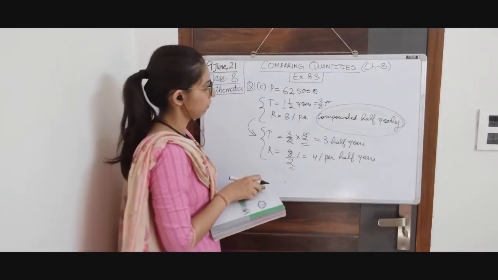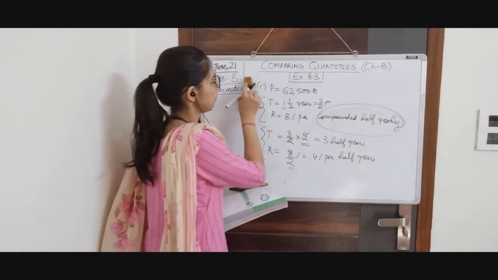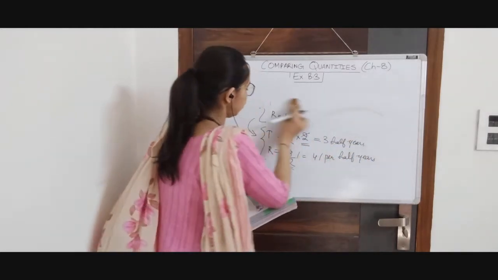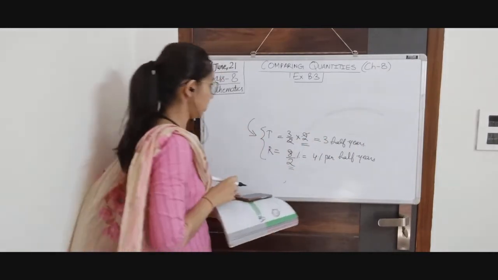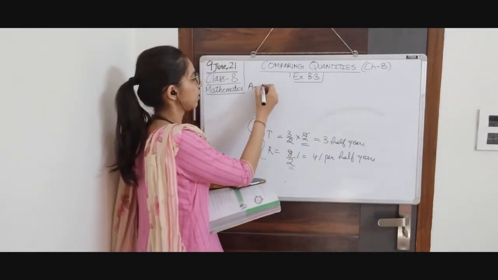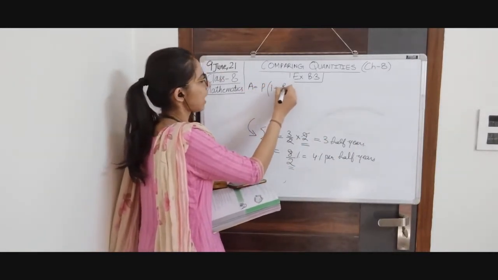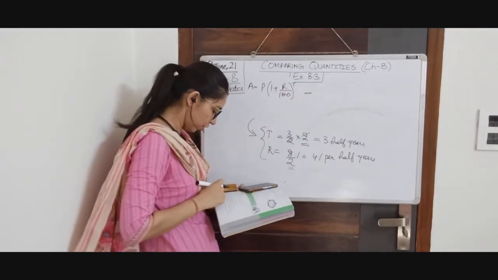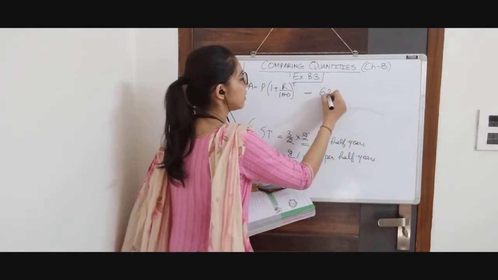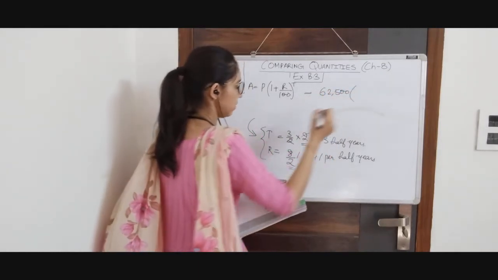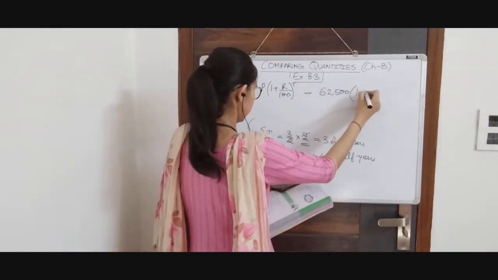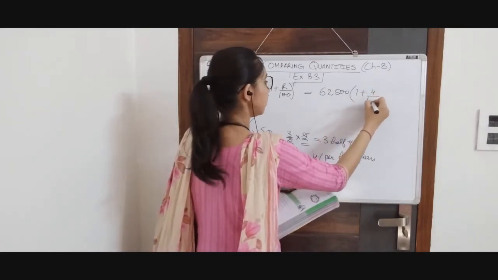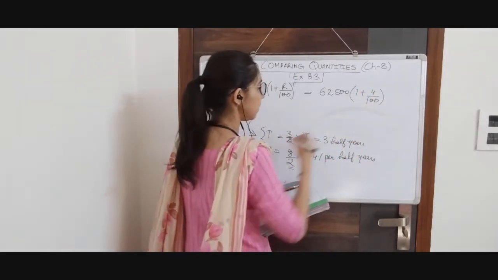Now we will use the formula. Your amount is P times (1 plus R by 100) to the power T. Your principal was 62,500. Your rate is 4% and your time is 3.